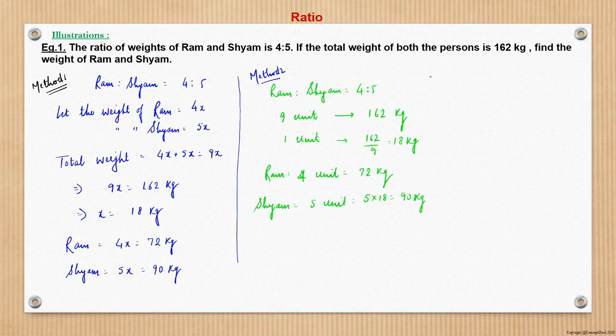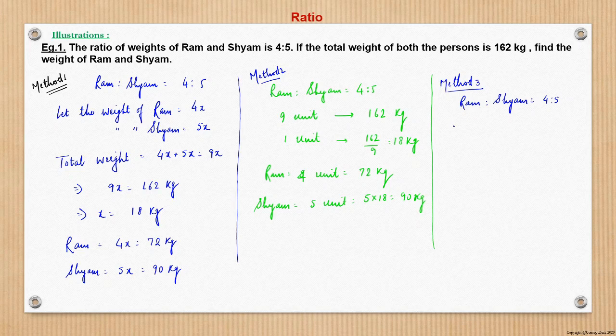This is one of the approaches, and it is very simple and intuitive. Now, just a variation of this approach, we will take method 3. Method 3 says that Ram is to Shyam, weight is given as 4 is to 5.